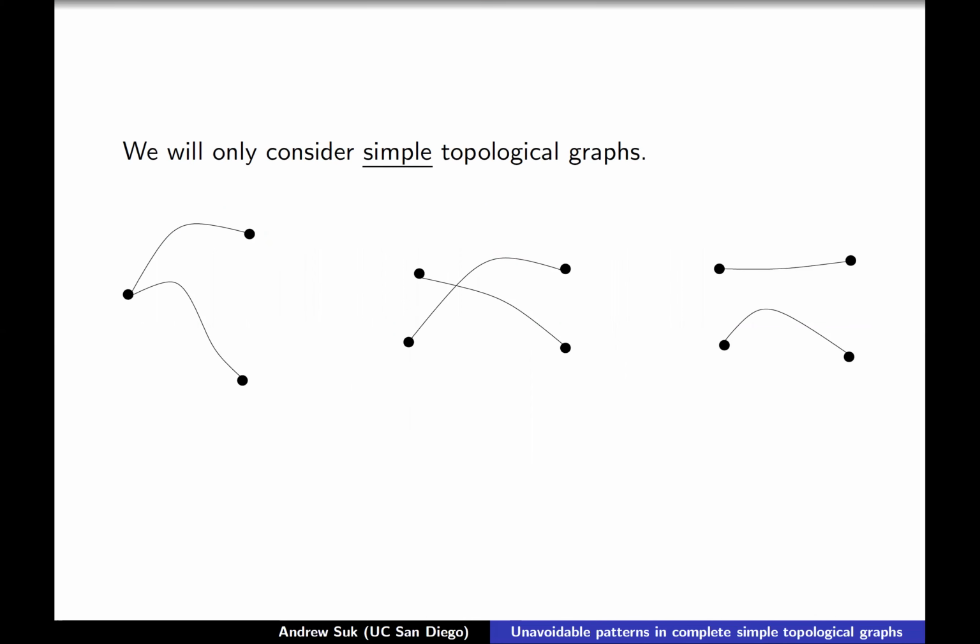And so therefore, in simple topological graphs, every pair of edges looks like one of these three pictures here. So either two edges have a common endpoint, in which case this would be the only point that they have in common, or they have a common interior point, in which case we say that they're crossing, or they will just be disjoint, like in this picture here.